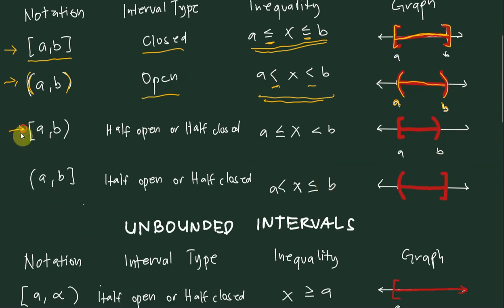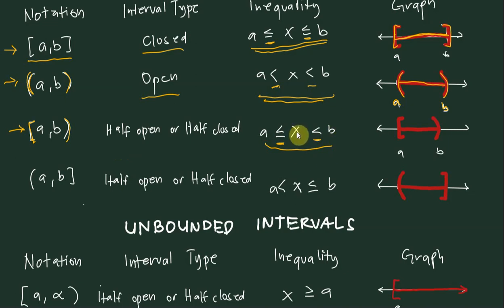Okay, so let's move on now to half-open or half-closed. As you can see, this is only half closed and half open. In the inequality notation, you can see that it is non-strict on the a side, greater than or equal to a, and it is strict on the b side.